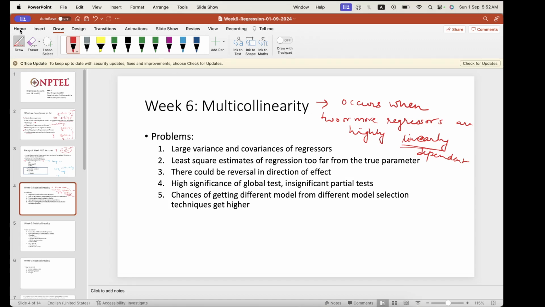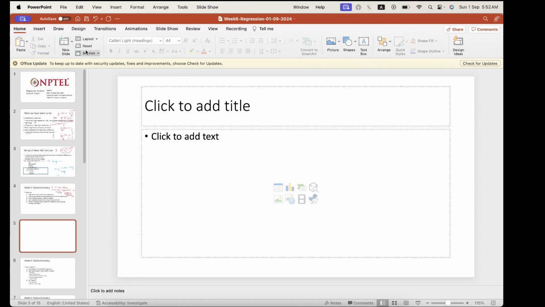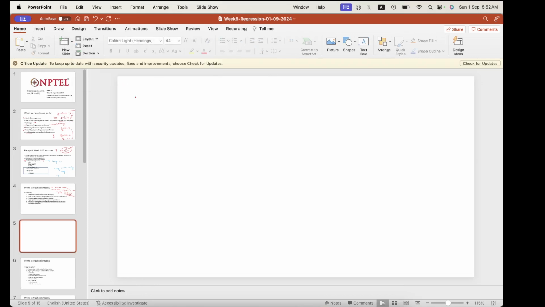For this I am going to write down something over here. Let's say we have a multicollinearity problem. So we have x1, x2, x3, and this is the intercept term: 1 1 1 1. Here we have 2 4 7 9. Here we have, let's say, 5 6 2 1.